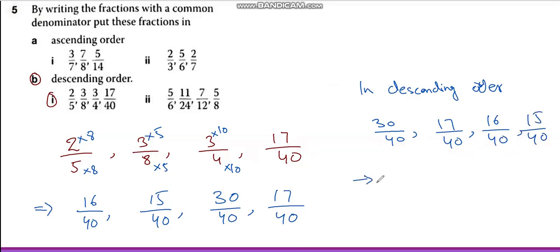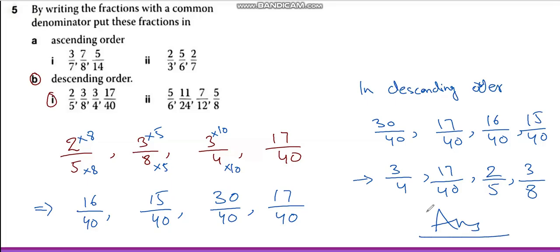Now we will rewrite the fractions in their original form. So 30/40 was originally 3/4, 17/40 stays as it is, 16/40 was originally 2/5, and 15/40 was originally 3/8. So this is how we can arrange in descending order.